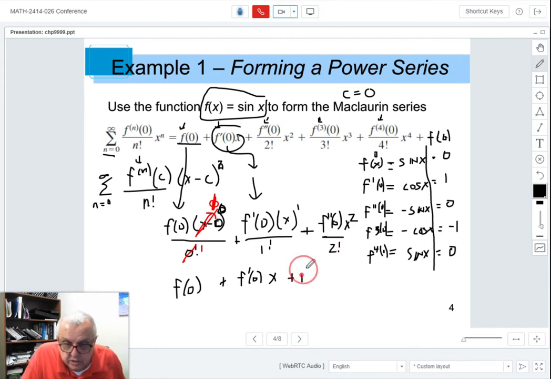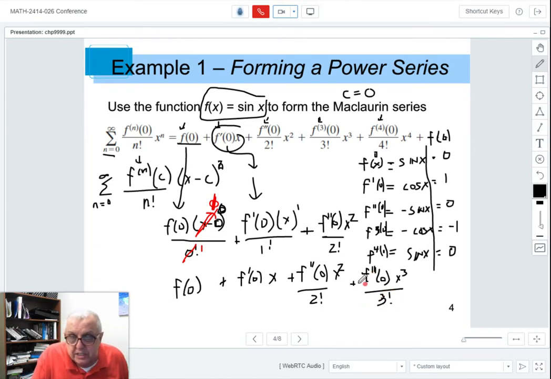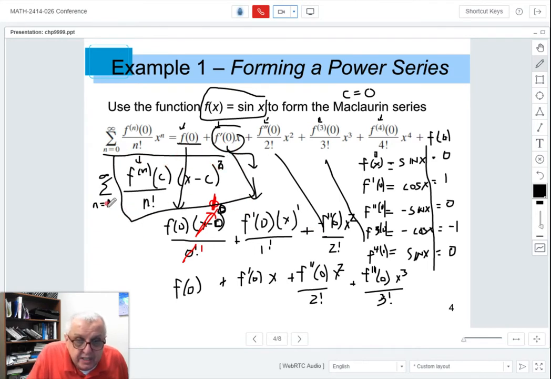So we have f second derivative at 0, x squared, and I'll leave it as 2 factorial. The next one will be f third derivative, plugging 0 in, x to the third, and then 3 factorial, and so on and so on. You see, that's how these get formed, starting with n equals 0 going to n equals 1.